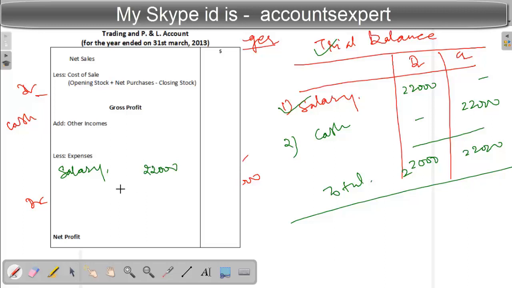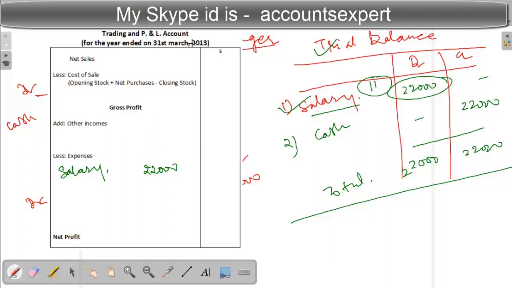Now tell me, does this salary belong to 11 months or 12 months? This amount belongs to 11 months. That is clear? In the trial balance, whatever salary I wrote belongs to how many months? Obviously 11 months.